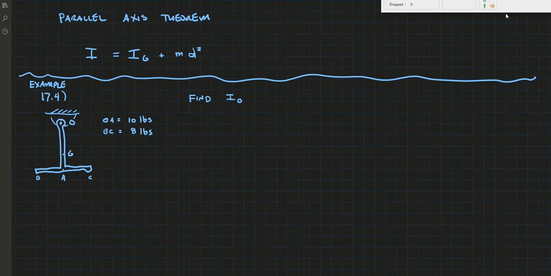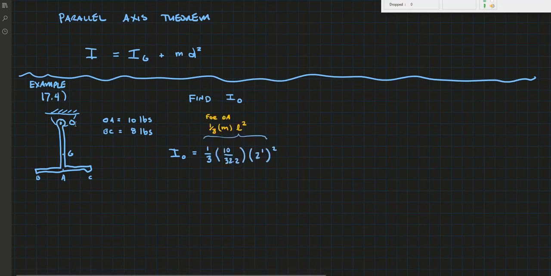Say we're given this composite shape here, pinned, and we want to find its moment of inertia about O. We can just use a combination of looking up moments of inertia for these different individual parts and using the parallel axis theorem to combine all this. For OA, our moment of inertia about O taken from a table is 1/3 ml squared.